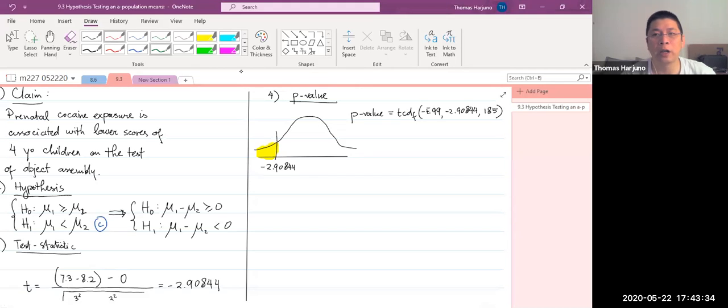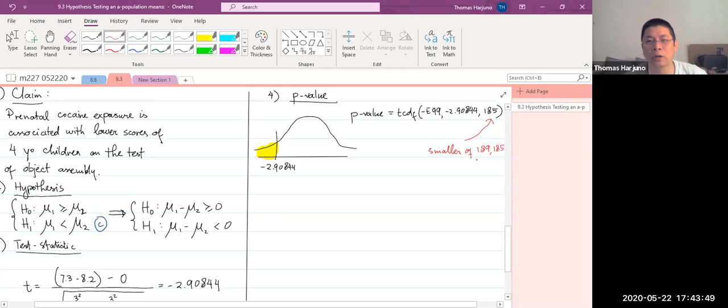Now this 185 here is the smaller of two degrees of freedom, 189 and 185. Now, how do you get this 189, 185? It comes from 190 minus 1, that's the degree of freedom for the first group, and 186 minus 1, that's the degree of freedom for the second group.